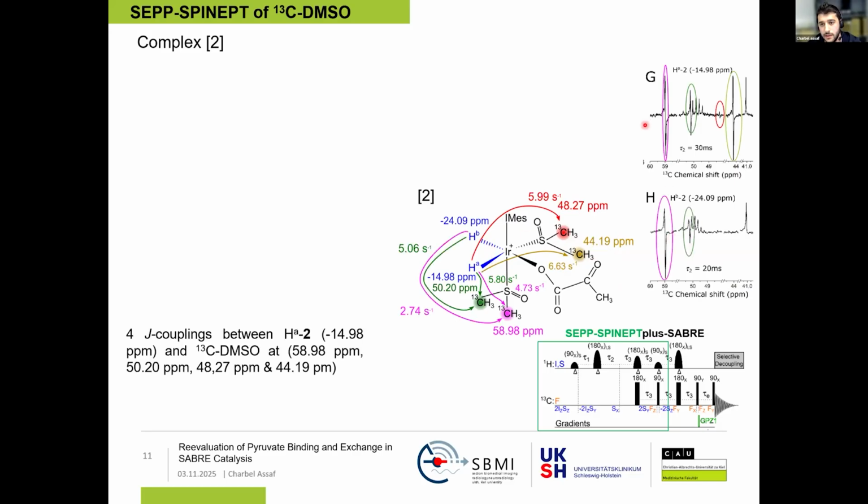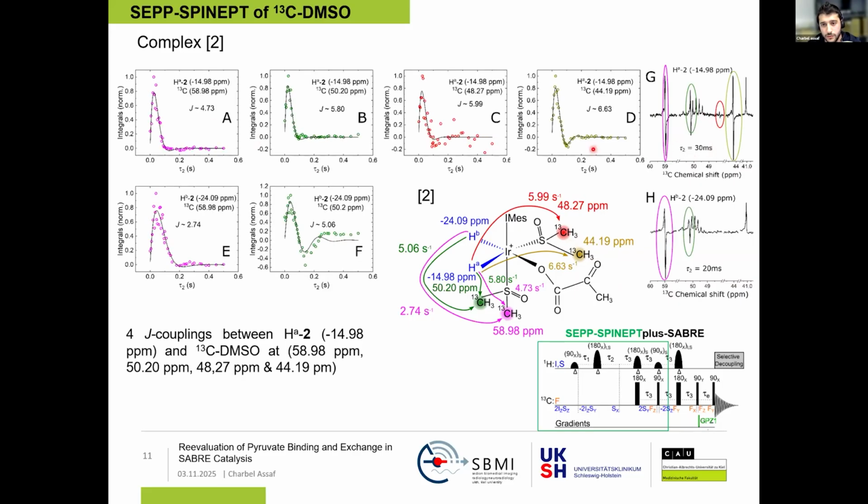And also we were able to measure not only for one delay, but we can also follow the evolution of all 4 J couplings. And this is another proof that complex number 2 has indeed 2 DMSO instead of 1.